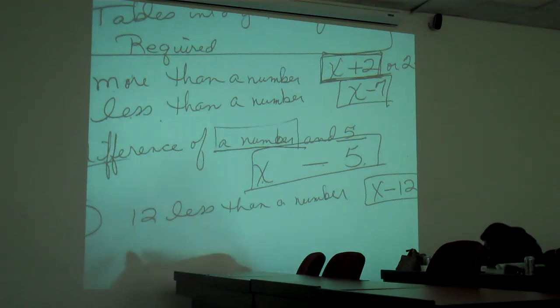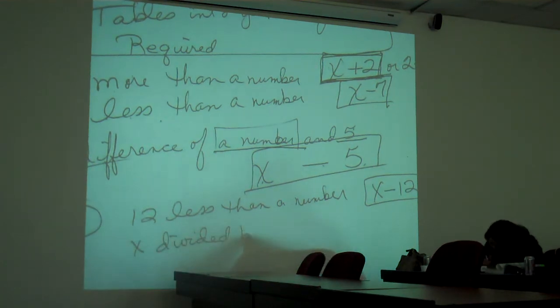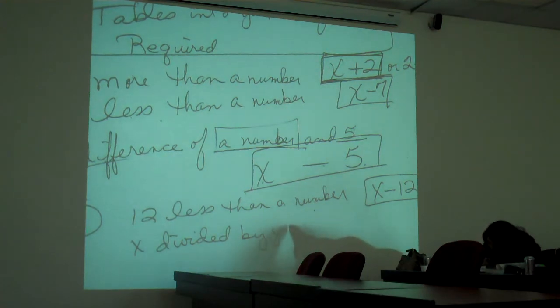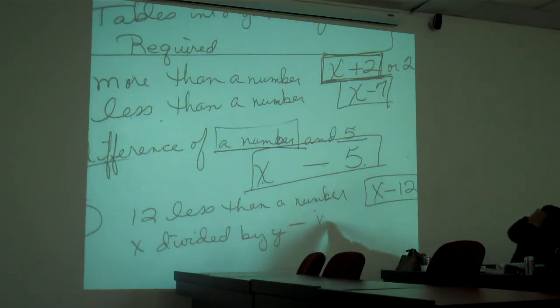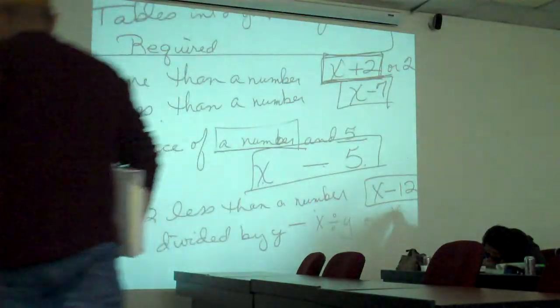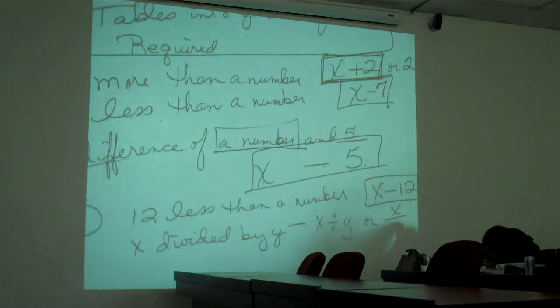How about x divided by y in words? X divided by y, how are we going to do that? You can write it x divided by y, like sideways like that, or you could write it as a fraction, x over y.